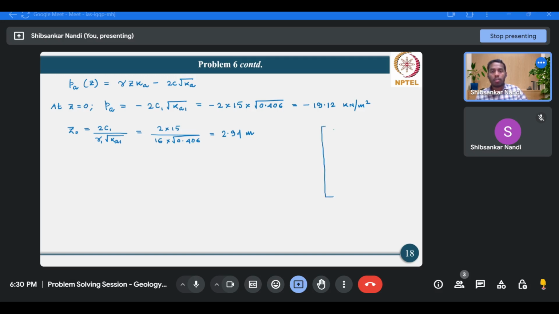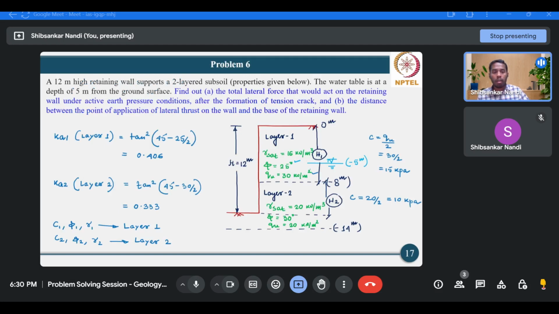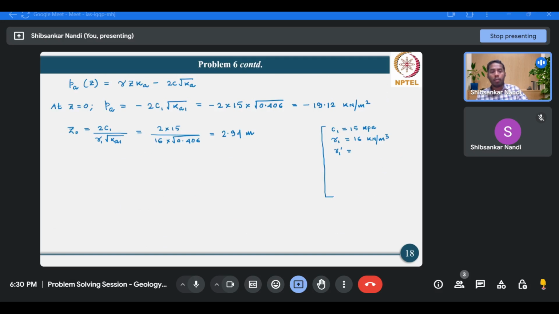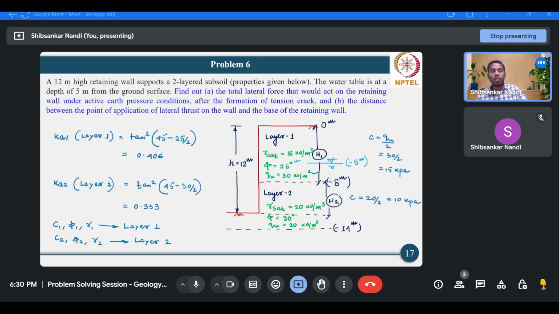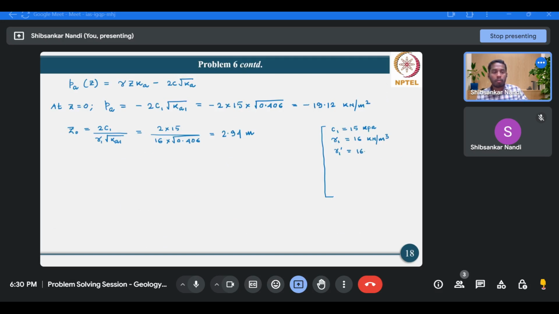Okay, so for your easy reference, I am mentioning here what the properties are. c1 is 15 kPa, gamma 1 is 16 kilonewton per meter cube, then gamma 1 prime will also come into picture. For layer 1 below the water table, you have to consider gamma 1 prime, the submerged unit weight, and that will be 16 minus 10, which is 6 kilonewton per meter cube.